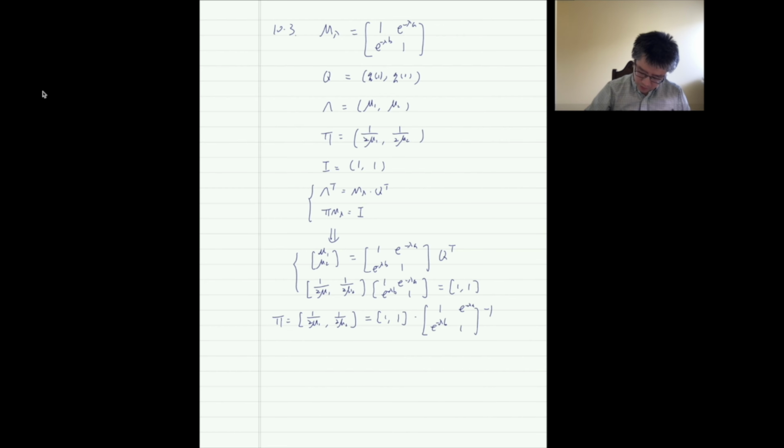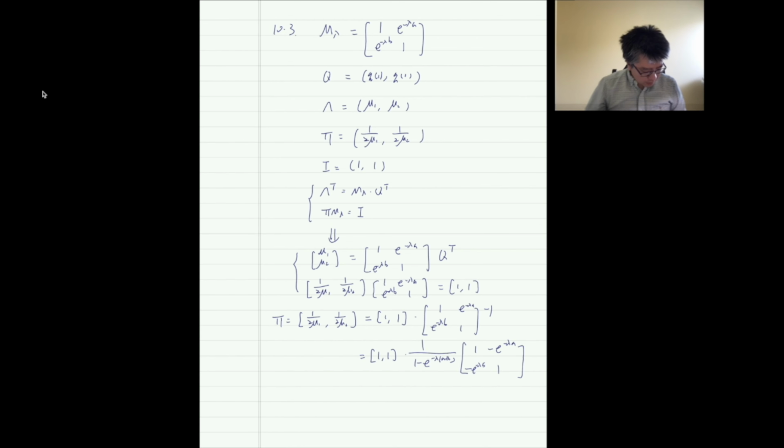The inverse is easy to compute for the 2 by 2 case, which is 1 over 1 minus e negative lambda times a plus b, and then here we have 1 1 of negative this and negative this.